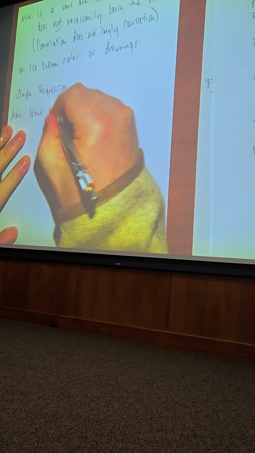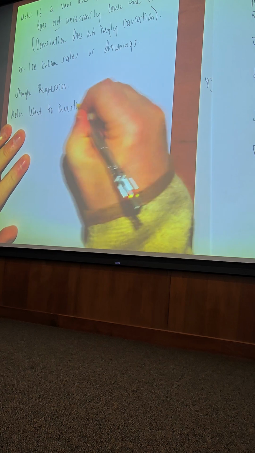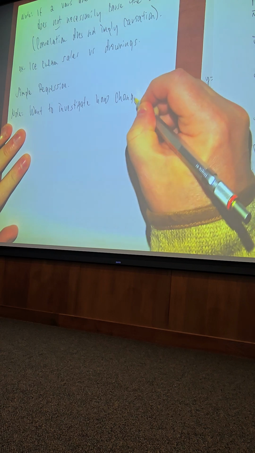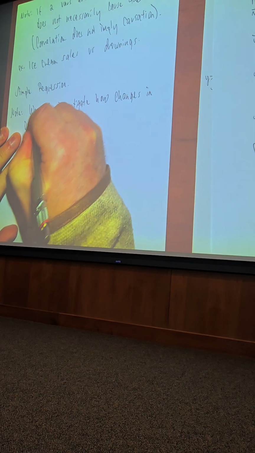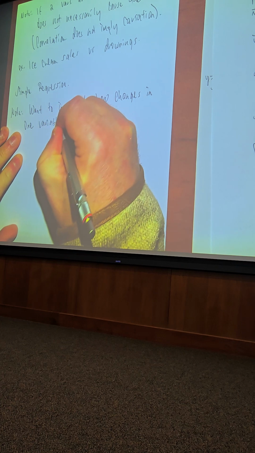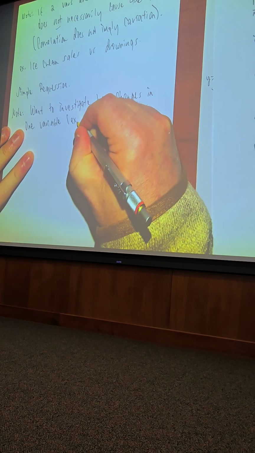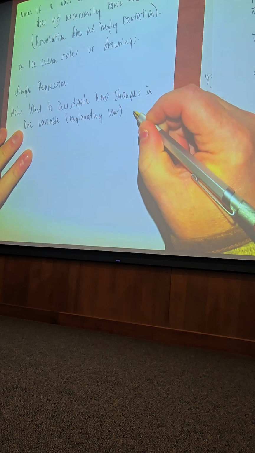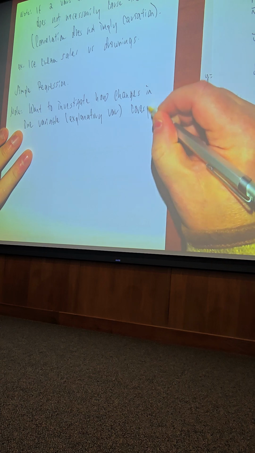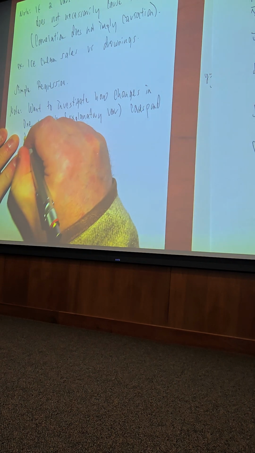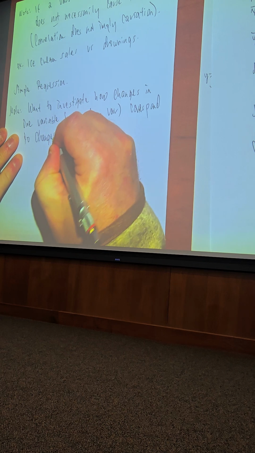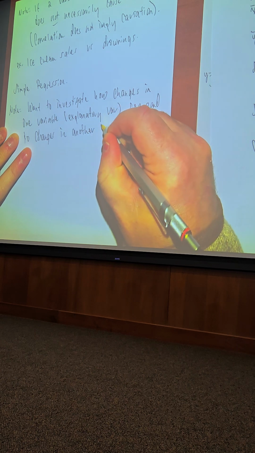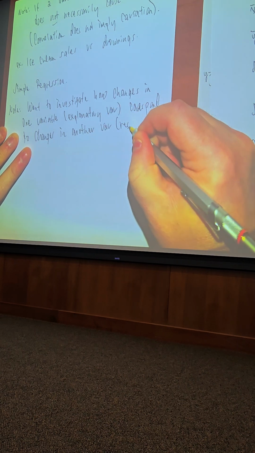We want to investigate how changes in one variable, many times just known as your explanatory variable, correspond to changes in another variable, known as your response variable.